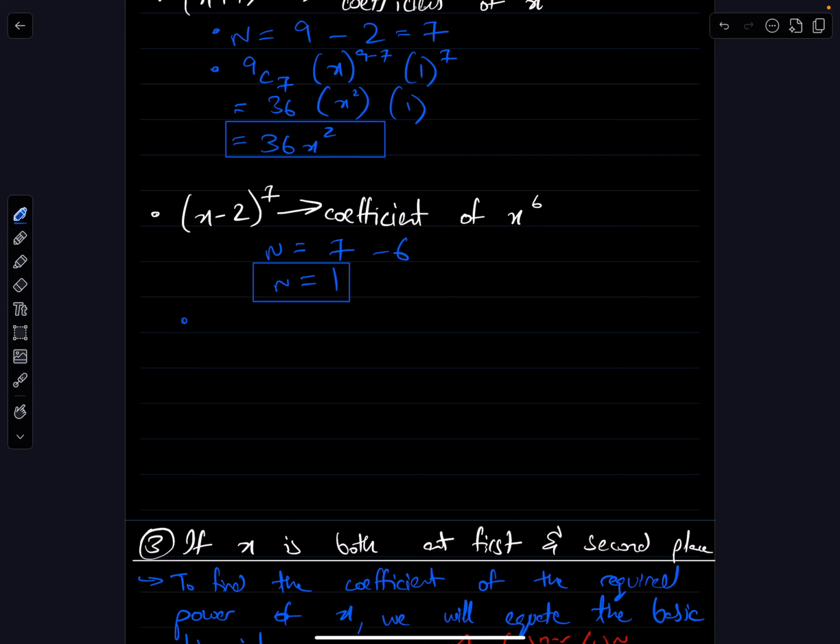So the expansion would look something like 7C1, x to the power, wait, r is 1, so this will be 7 minus 1, and we have minus 2 to the power 1. 7C1 is 7, x to the power 6 and minus 2. This turns out to be minus 14x to the power 6.